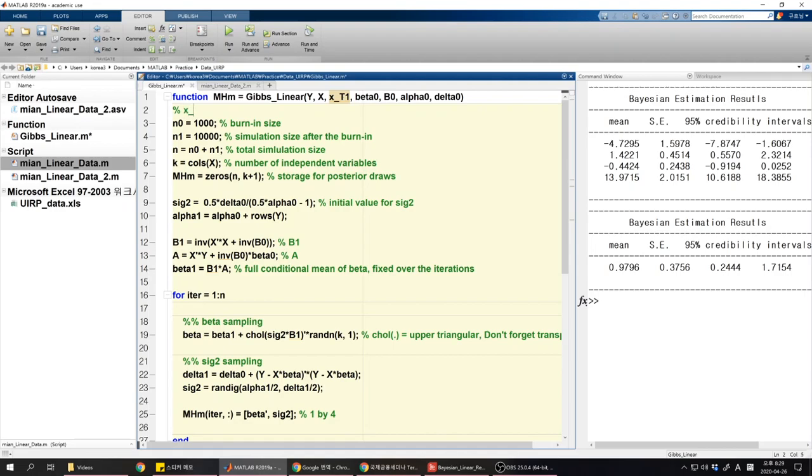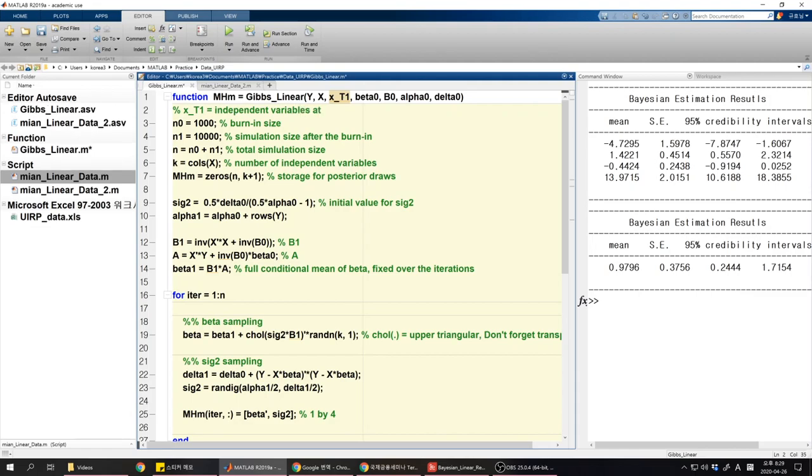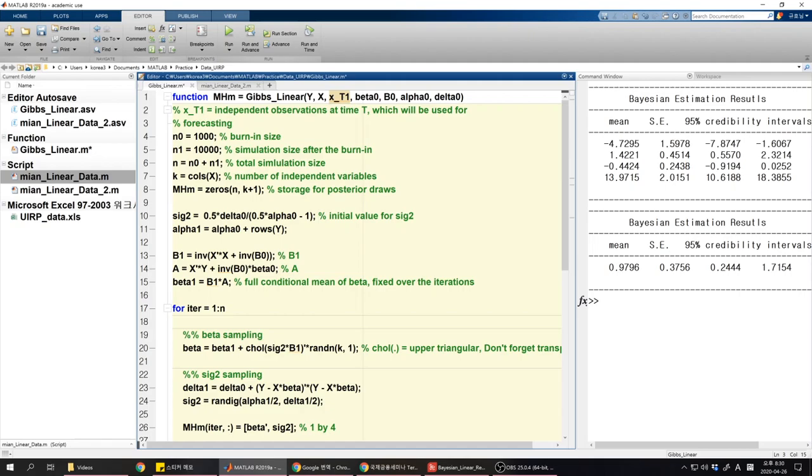So here, x underbar capital 1 equals the independent variables, not at, actually this is observed at time capital T, okay, observations at time capital T, and this one will be used for forecasting y underbar capital T plus 1.